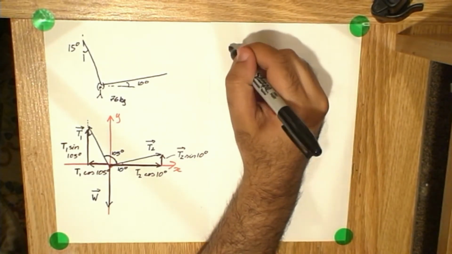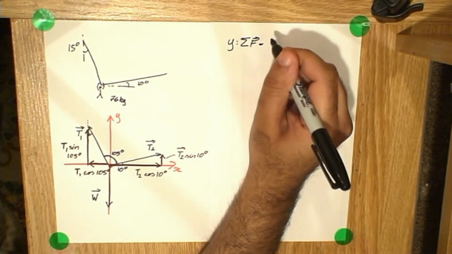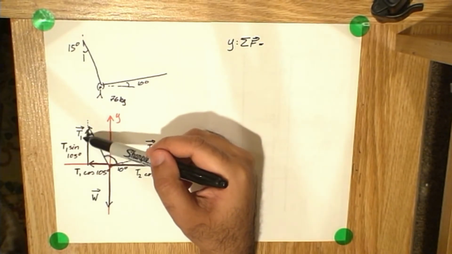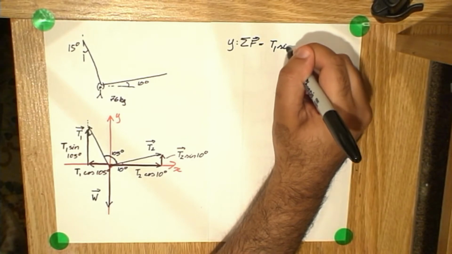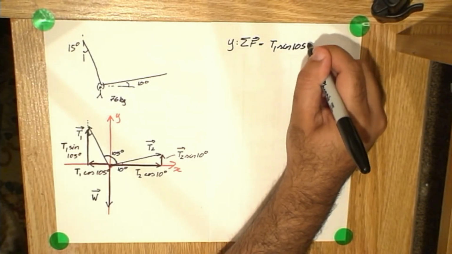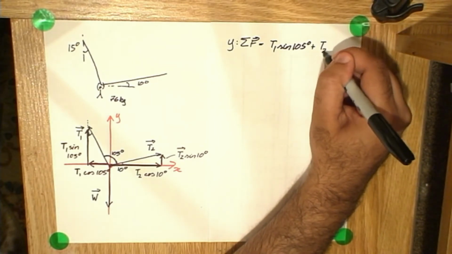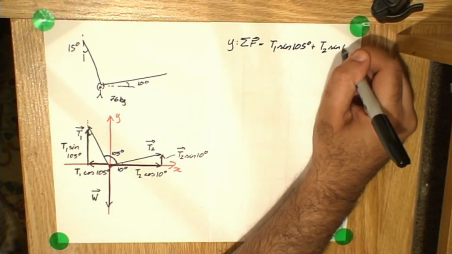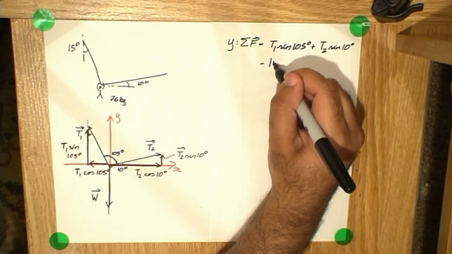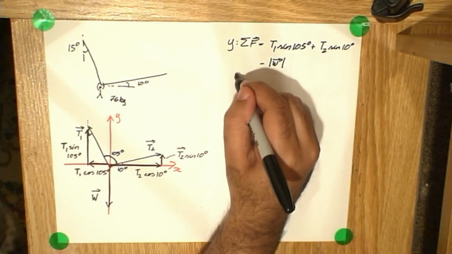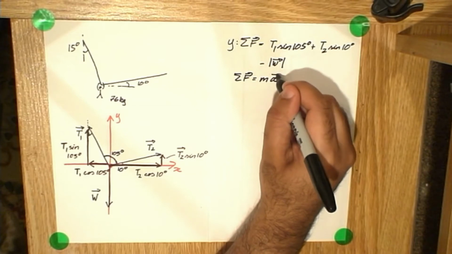Now for the y direction. In the y direction, the total force is the sine component of T1 pointing upwards plus the sine component of T2 also pointed upwards minus the weight. But total force is also equal to mass times acceleration.